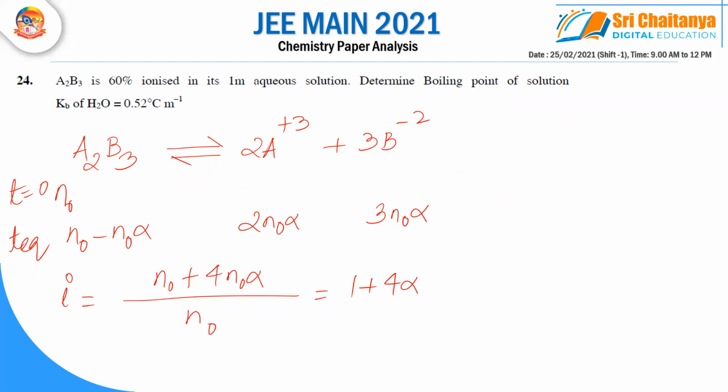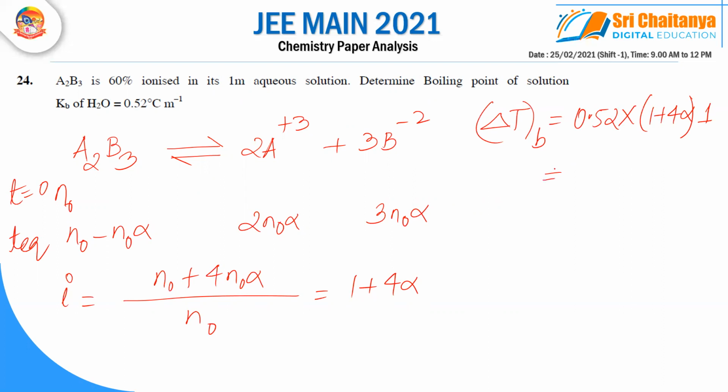Now they are asking the boiling point. So let us find out the delta TB, which is equal to KB times i times molality. KB is 0.52, i is 1 plus 4 alpha in this particular case, multiplied by molality. Molality is given as 1. Now, what is alpha?